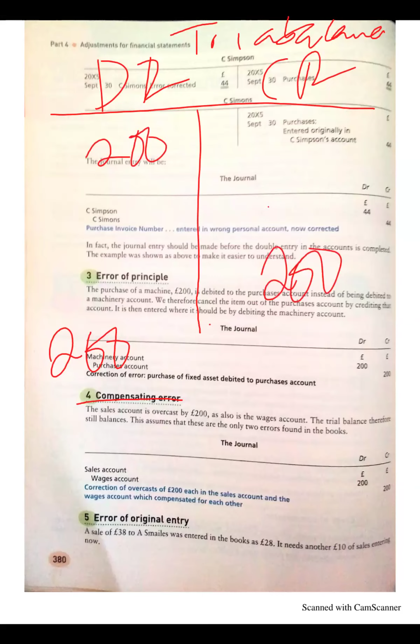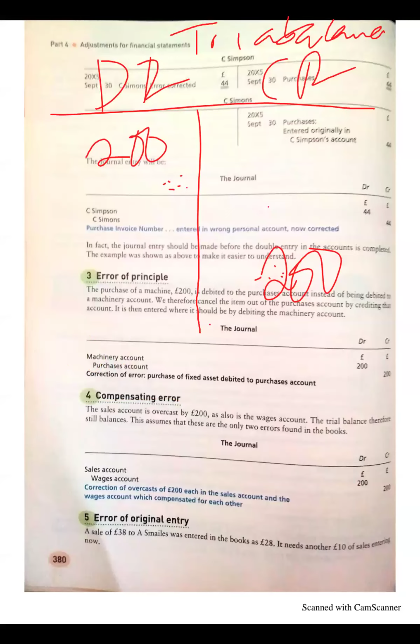You'll find that these errors will cancel themselves out. Why? Because when you balance off the accounts, the debit side increased by the same amount and the credit side increased by the same amount. So there is no difference, and the trial balance will still balance.